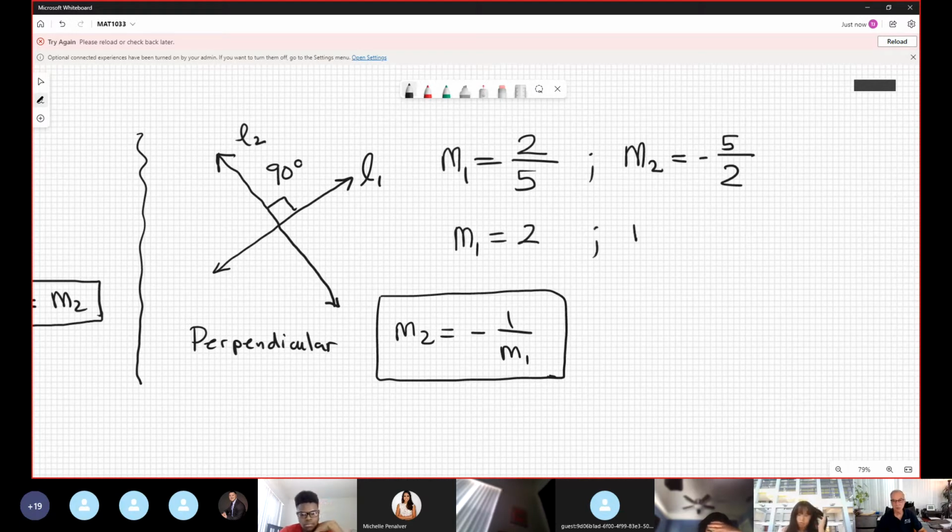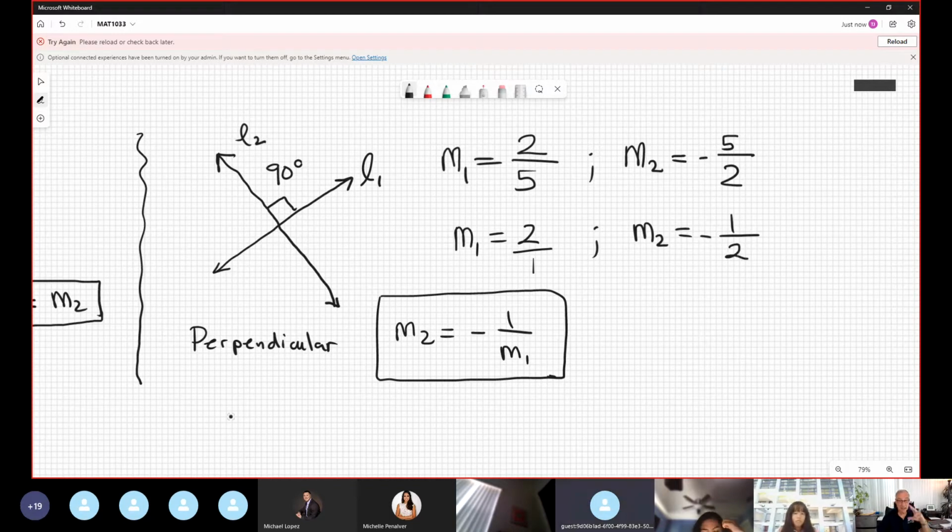What is the slope 2 of the perpendicular line? It's going to be 2 over 1. When you flip it, 1 over 2, no? And change the sign. Please remember two actions: flip it and change the sign, opposite sign. If you flip it only and don't change the sign, it's not perpendicular. If you change the sign and don't flip it, it's not perpendicular. Two actions: flip it, reciprocal, and change the sign. Cool?